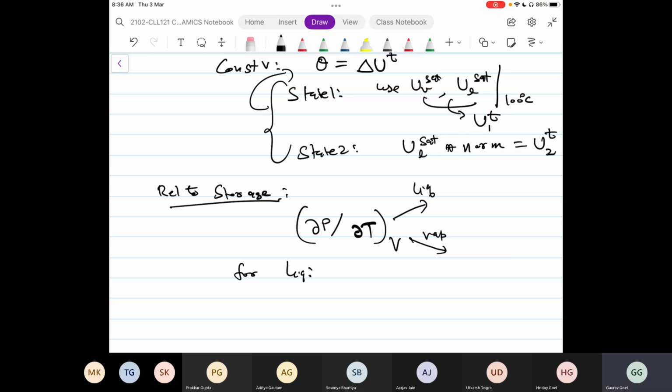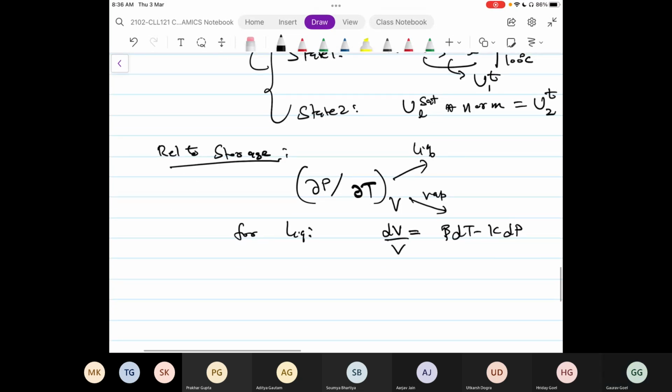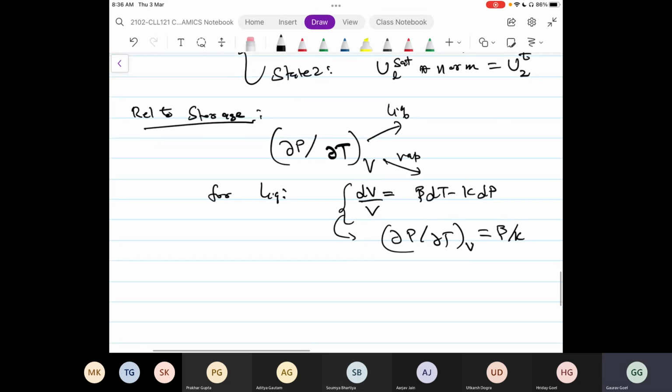So for a liquid, you can start at the equation of state. And from here, you can find that this ratio dP by dT at constant V would be the ratio of beta and kappa. Beta and kappa for water you can find at given conditions.